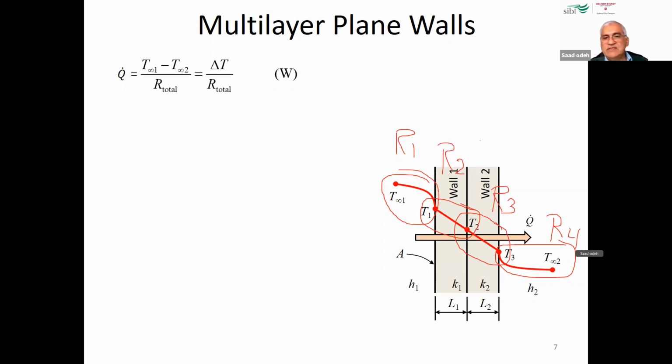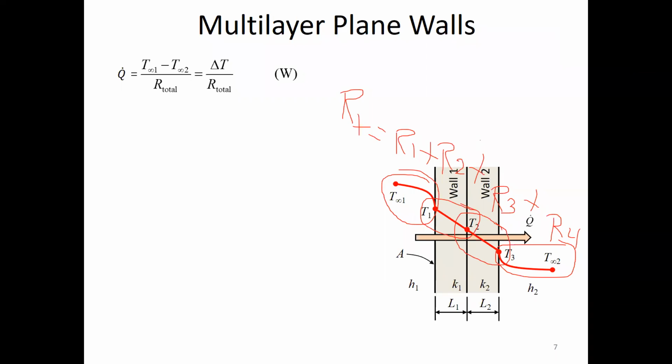If you want to find the total, then R total equals R1 plus R2 plus R3 plus R4. You add them together to get the total thermal resistance of this wall.